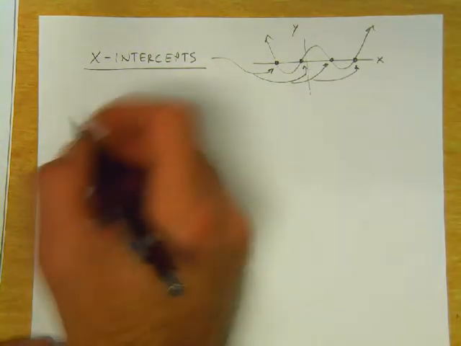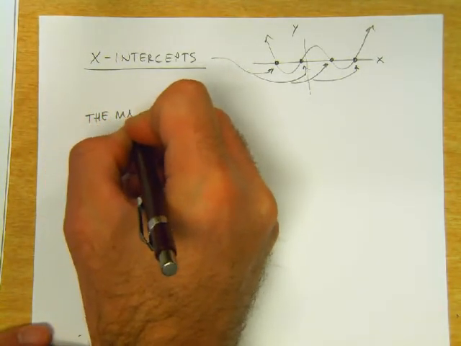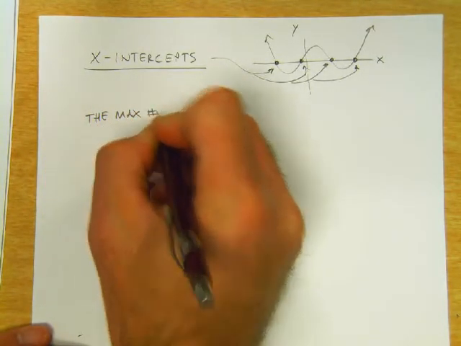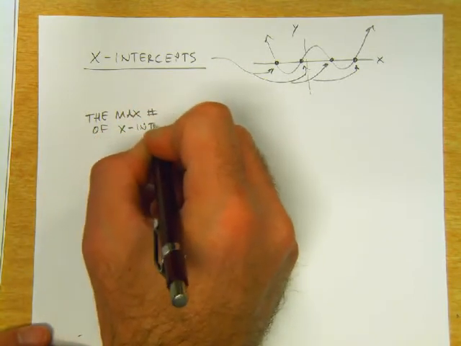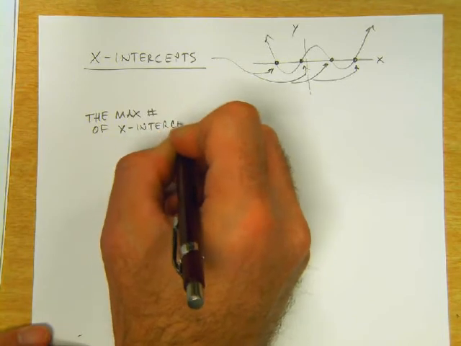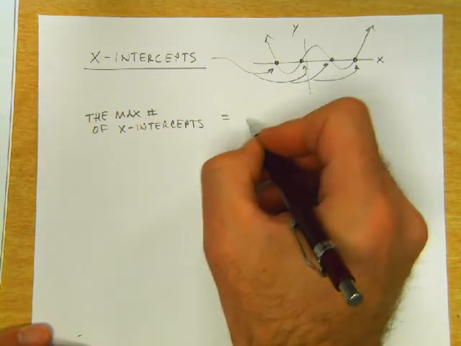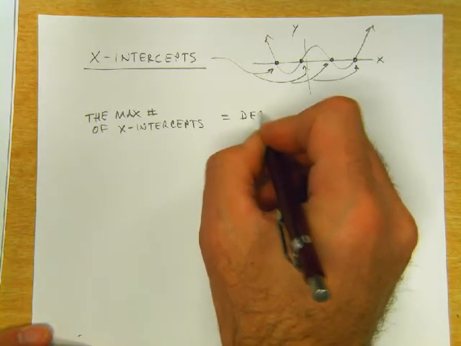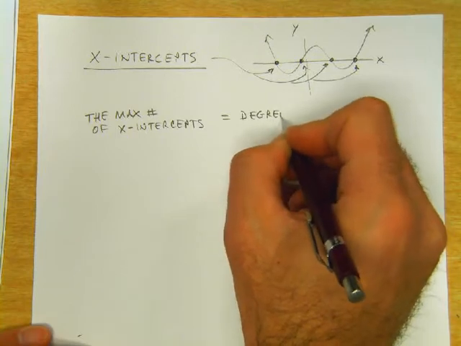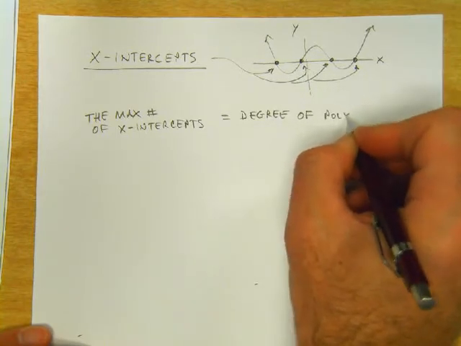Well, the max number of x-intercepts equals the degree of the polynomial.